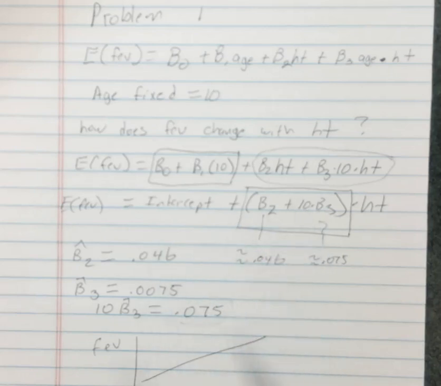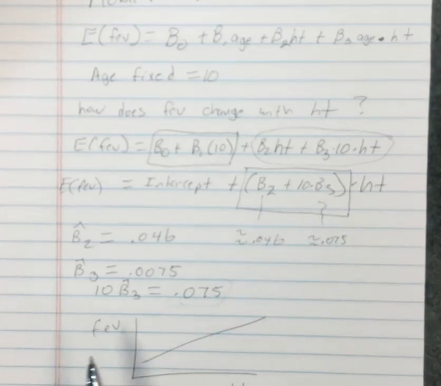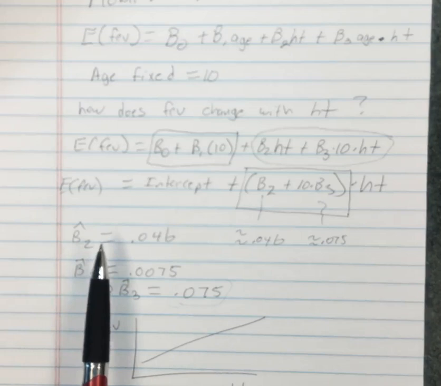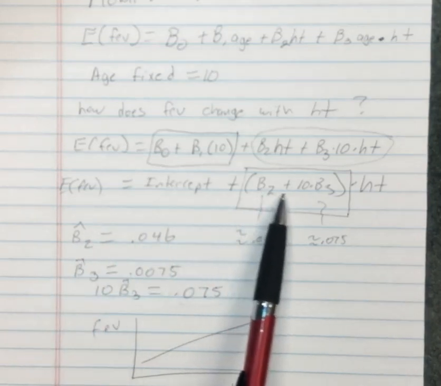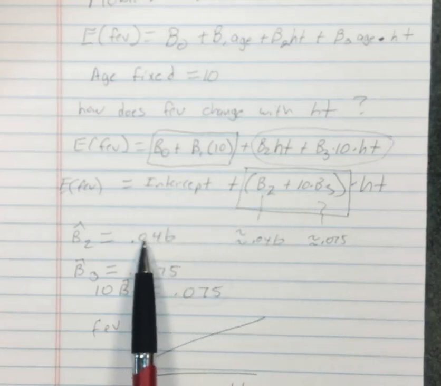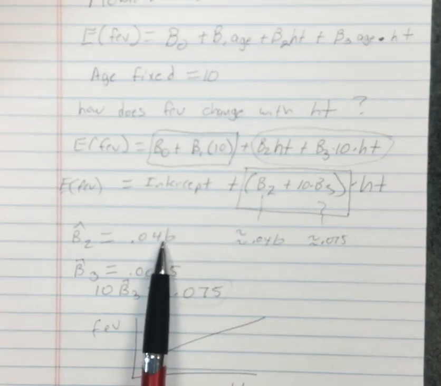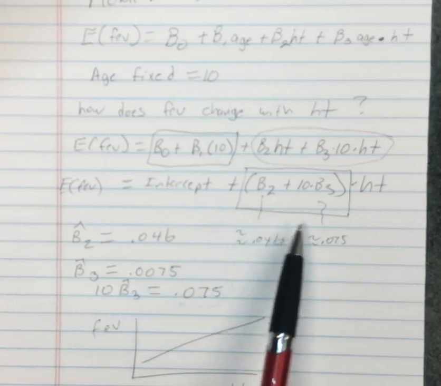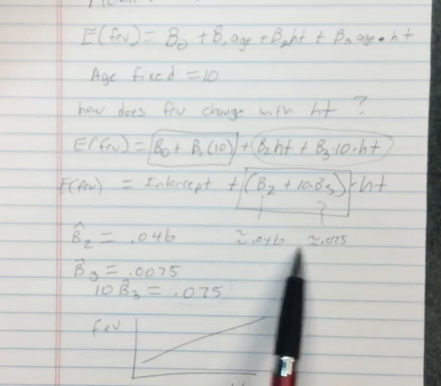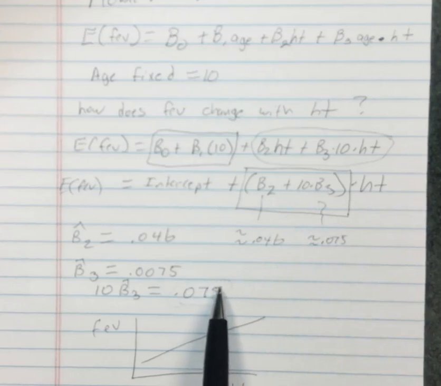From that, then notice from your output that beta 2 hat, I'm thinking about this slope right here, beta 2 hat is about 0.046 from the output in the problem. Beta 3 hat is 0.075. And so when you multiply 0.075 times 10, you get 0.75.